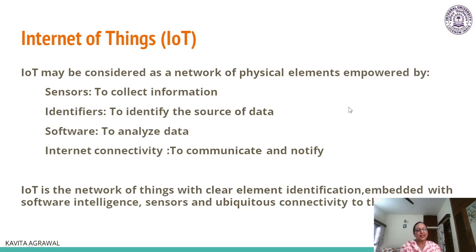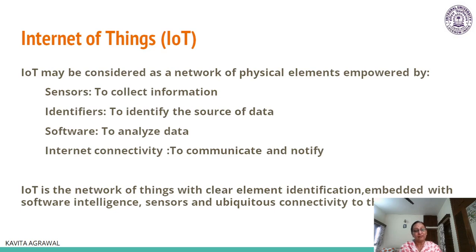Now let us look at what is Internet of Things. Internet of Things may be considered as a network of physical elements empowered by sensors which we need to collect information. We have identifiers which identify the source of data, that is the place from where we want to collect the data.